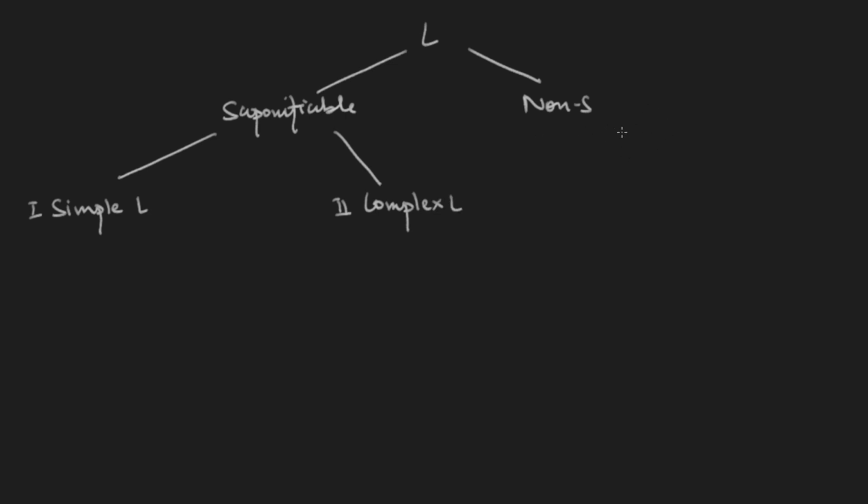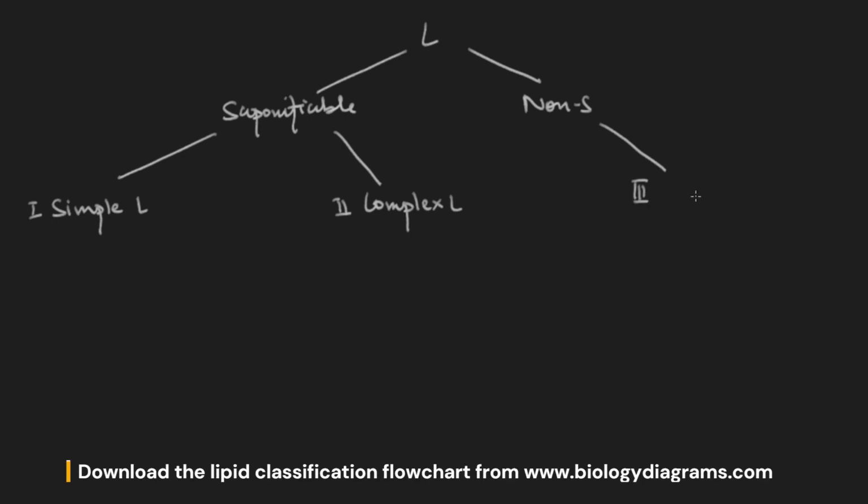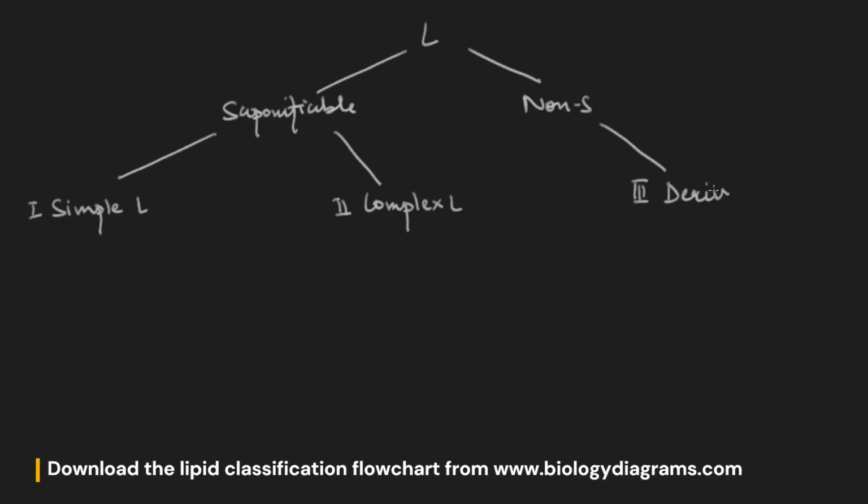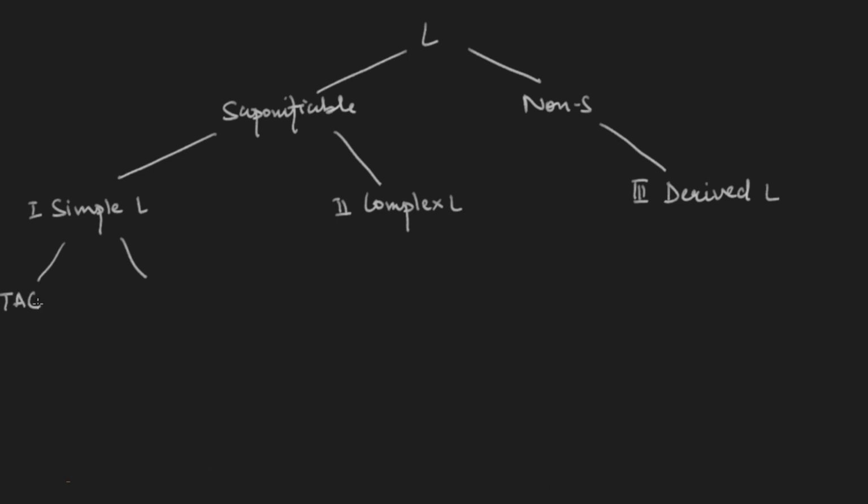Under non-saponifiable lipids, we have the third category called derived lipids. Under simple lipids, on the basis of alcohol, we have two types. First is triacylglycerol or triglycerides, also called TAGs, and second one is waxes.